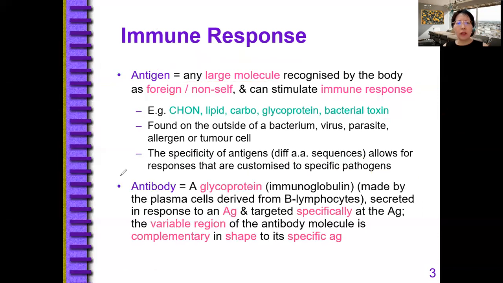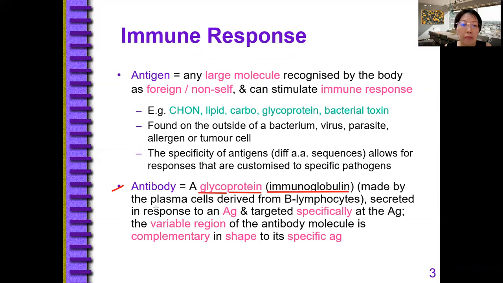Now, what about antibody? Antibody is a glycoprotein. So it's made up of glyco, meaning carbohydrate, and protein means protein. So it's a molecule made up of carbohydrate and protein, which is considered as immunoglobulin. That means globular protein involved in immune response.